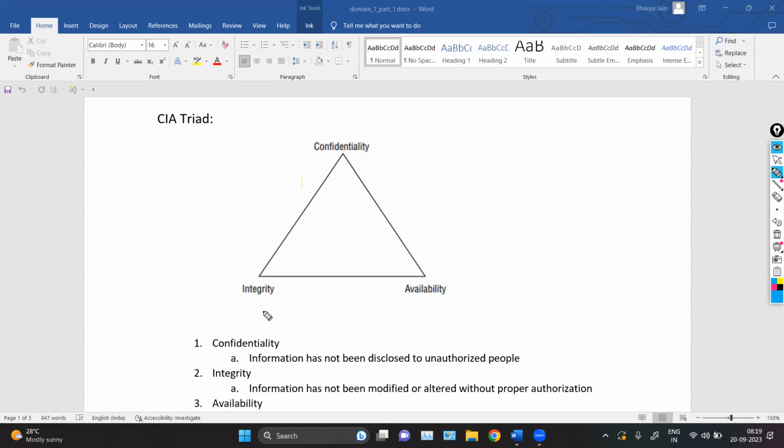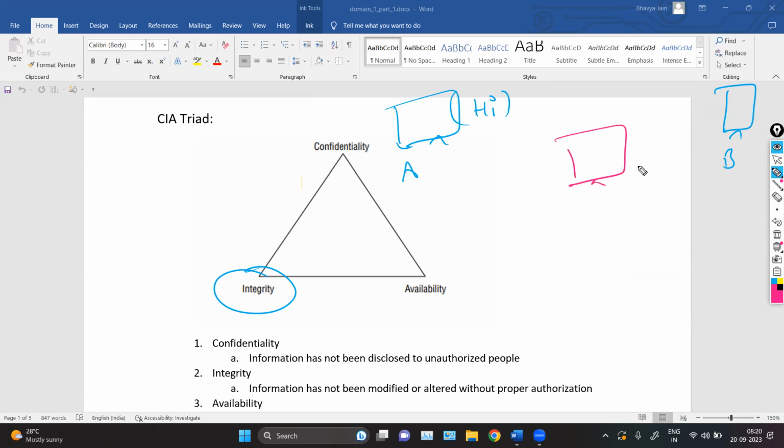Then integrity is like, let's say again, you have user A and user B. Now let's say you are sharing the message "hi" to user B, and there's an attacker sitting in the middle, between user A and user B. The attacker modifies your message in the middle.